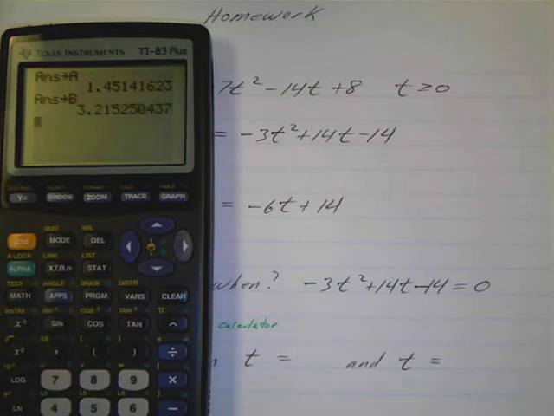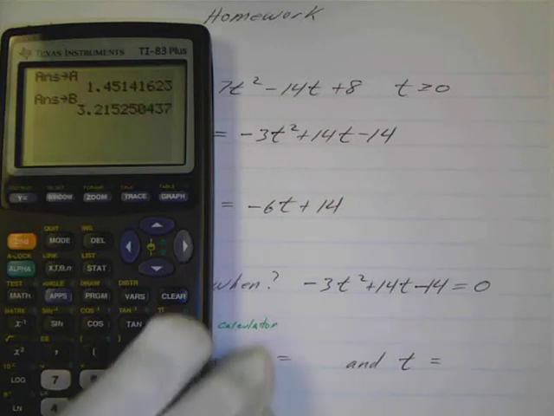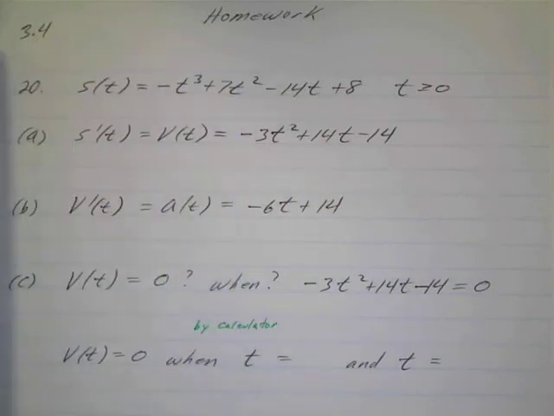All right? So that's what's happening so far. So I've got that happening right now. So that was the question they asked you, when is velocity equal to 0? So we have those two times.